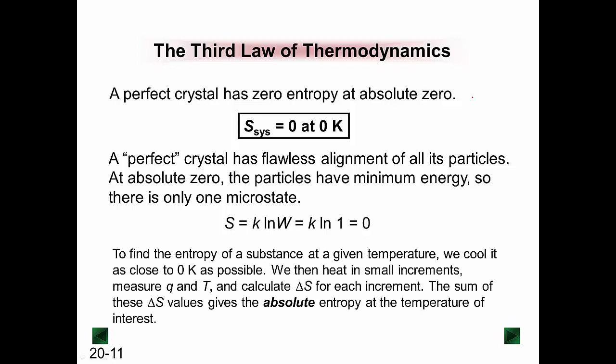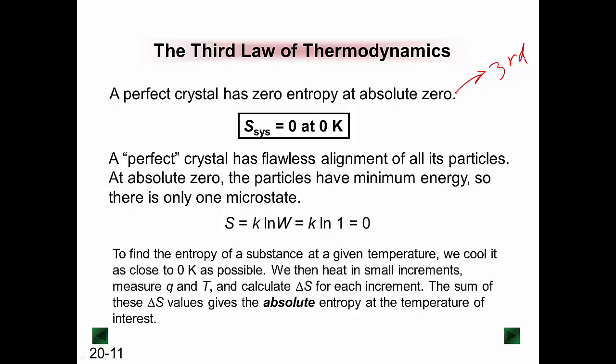It turns out that there is a third law of thermodynamics. Sometimes people don't realize this, but this is our third law of thermodynamics: a perfect crystal has zero entropy at absolute zero.